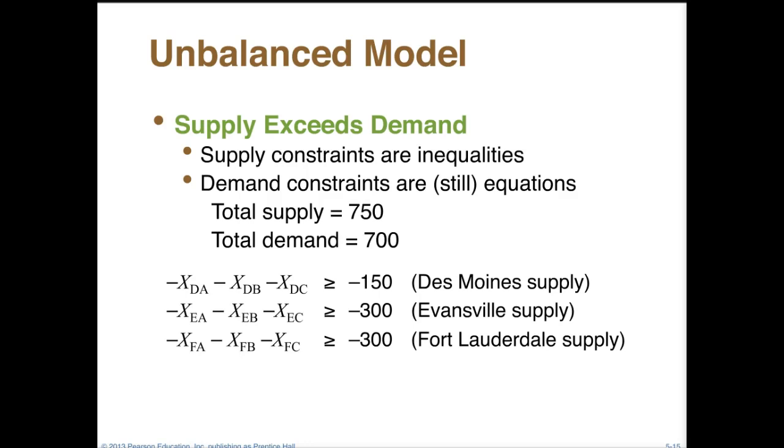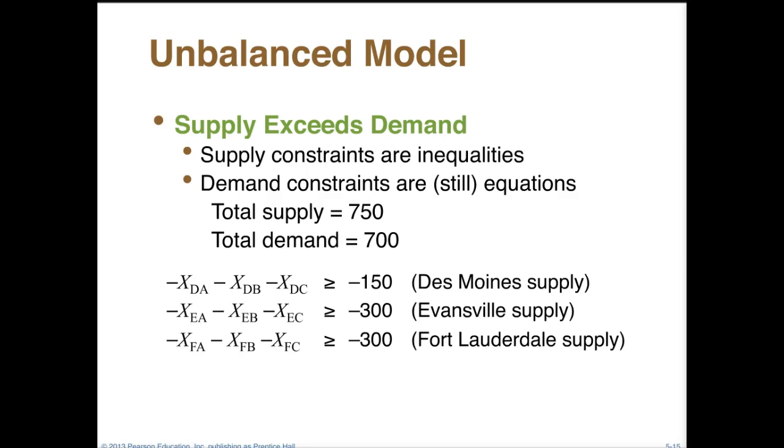So because of that, our supply equations are now going to turn into inequalities. And they're doing that only because we have more supply than demand. So we can give that amount or less.